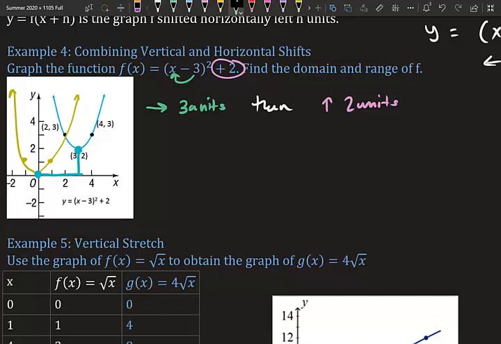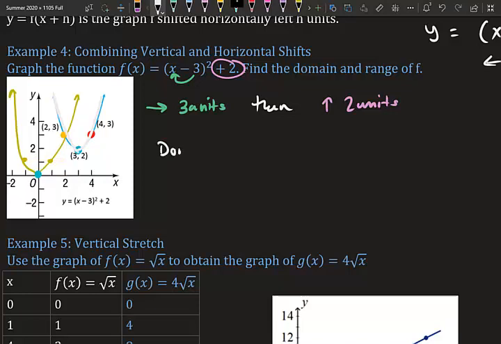Now we have a new point. Keep going. The next point, we go right 3, up 2. Now we have our new point. Last one, we go right 3, up 2. We have our new point. And then from there, you would just connect those dots.